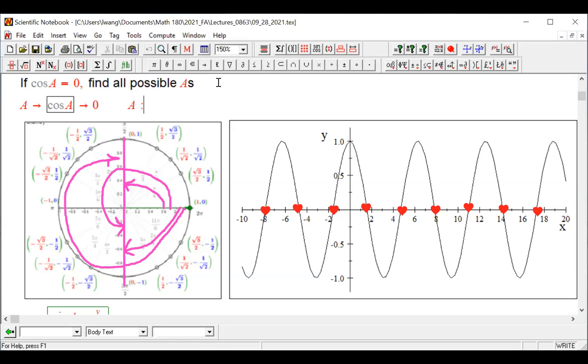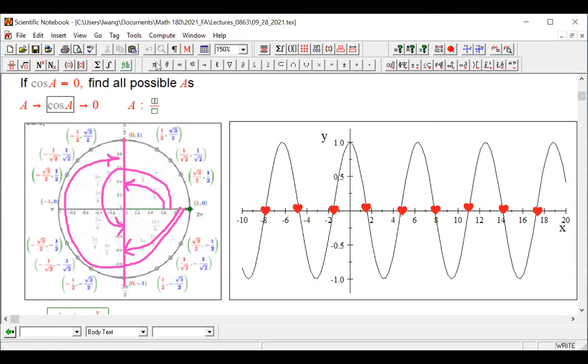Pi over 2, plus minus pi over 2, plus minus 3 pi over 2, right? You guys need to follow me doing this. You need this pattern recognition practice for Calculus 2, chapter 11.